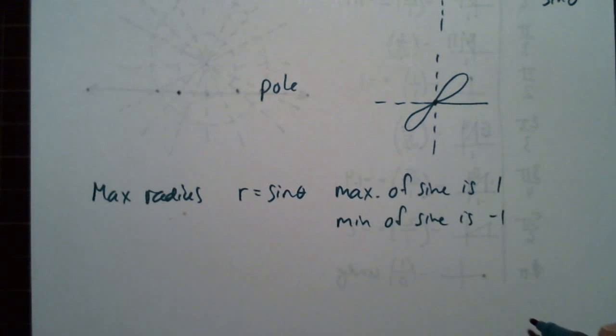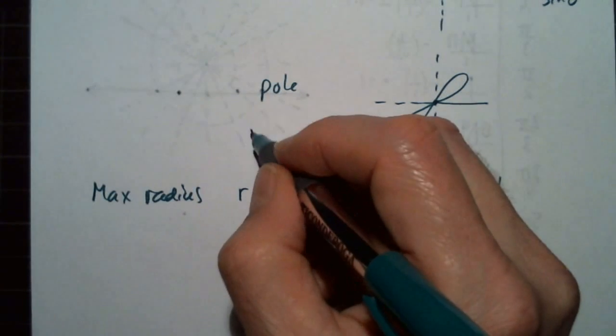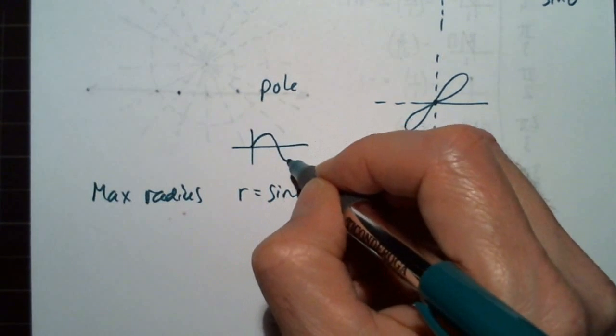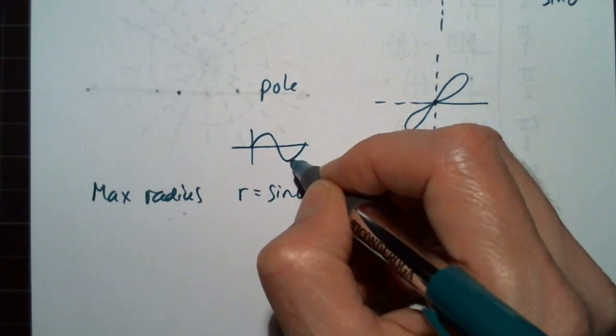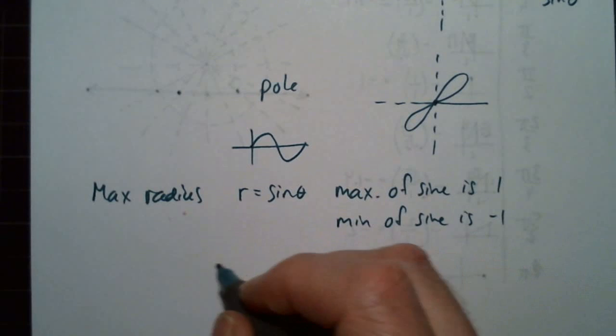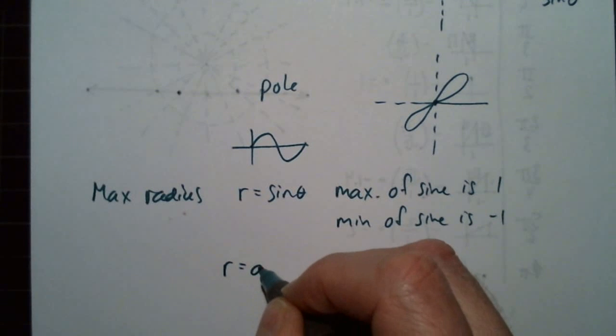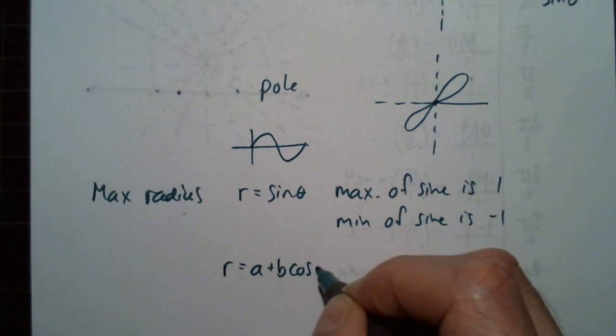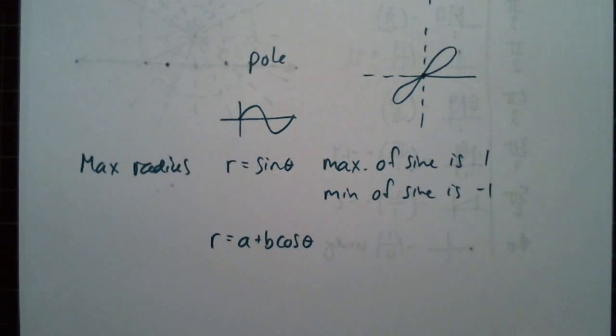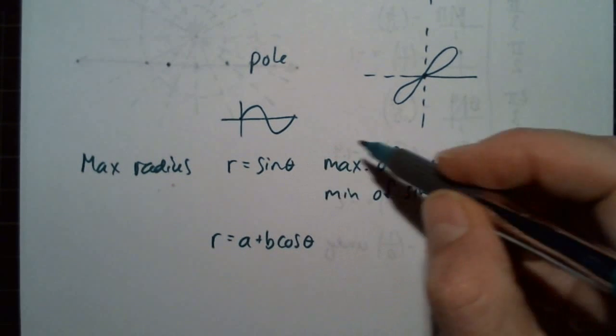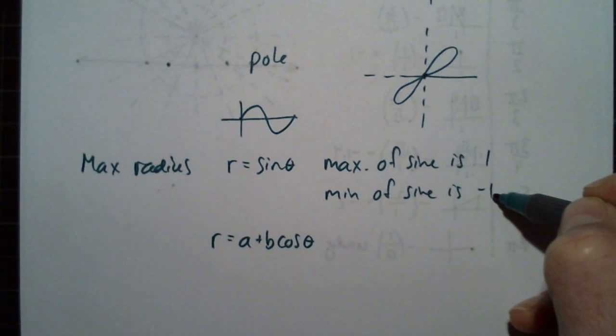We can go to 1 or negative 1. And that's just going back to what the graph of sine looks like. It goes up to 1 and down to negative 1. Here, sine and cosine have a max of 1 and a min of negative 1.